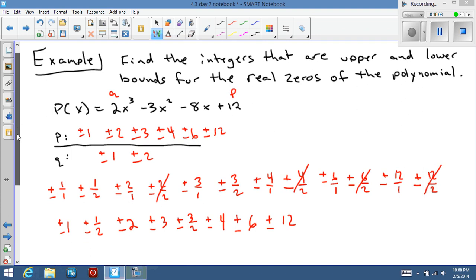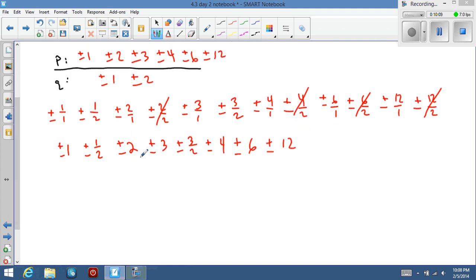So basically now what we need to do is just test these numbers to see what works. I wouldn't usually think that 1 would be an upper bound, but it could be. So you could test 1. But I'm going to see if -1 is a lower bound or even an upper bound.